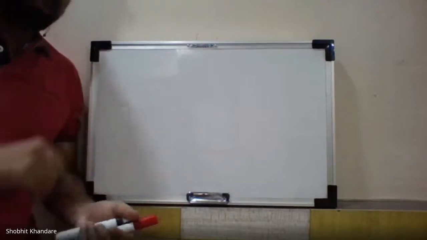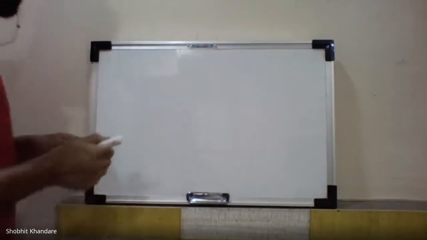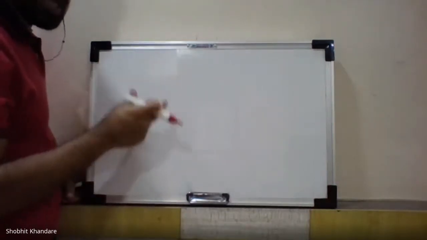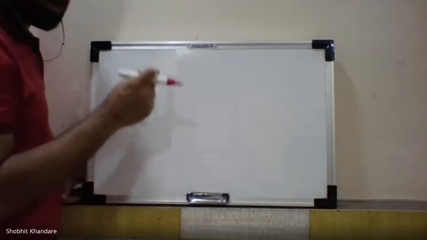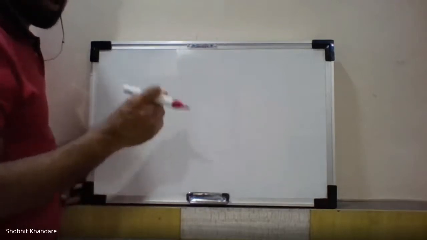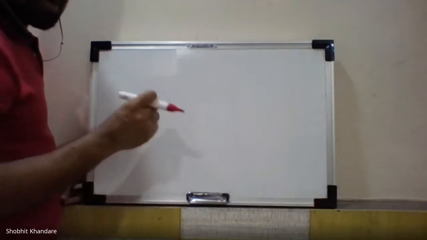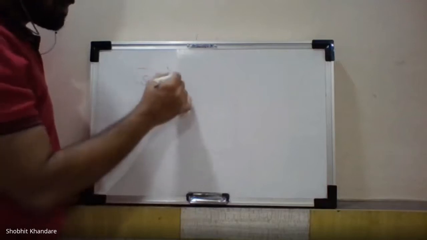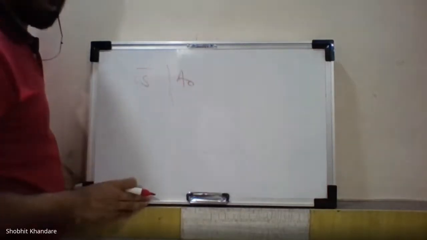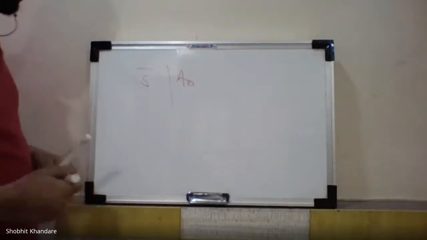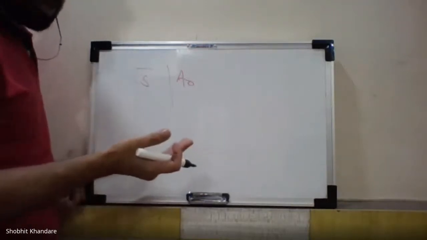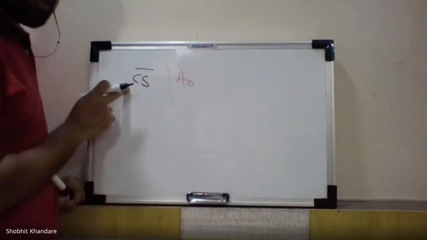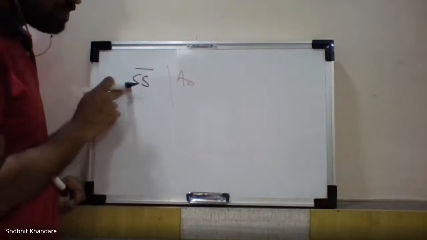Before that, you have understood that these command words are sent by making these conditions for CS bar and for A0. So we are sending the command words to 8259 by enabling these two.